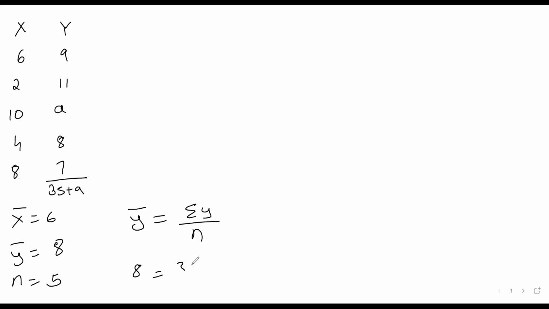So 8 is equal to 35 plus a upon 5. So 35 plus a is equal to 40. A is 5. The missing value is 5. ये मीन का फॉर्मूला है, अरिथमेटिक मीन का.